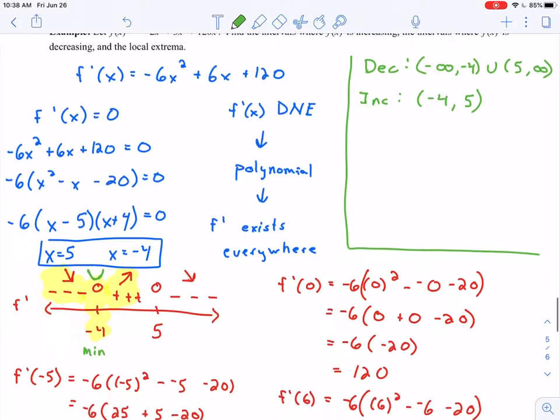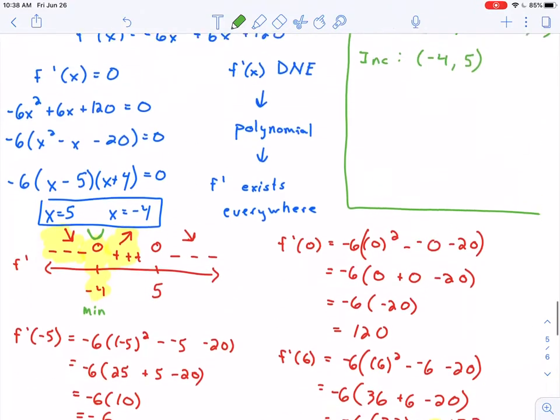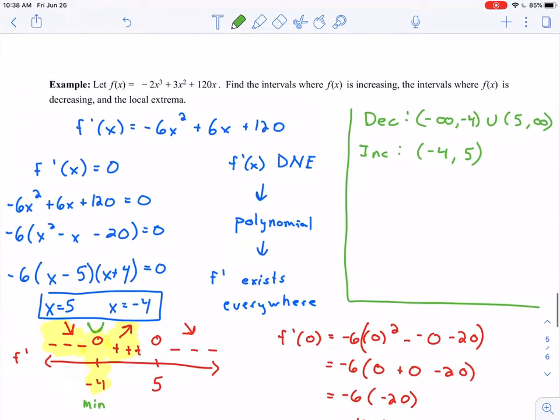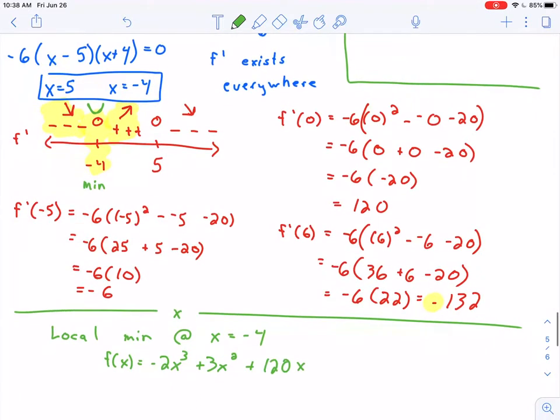Let's see if I can remember this function. F of x was -2x cubed plus 3x squared, I believe, plus 120x. Let me just double check. Yes, so plus 120x. So I'm going to take -4 and plug this into my function.